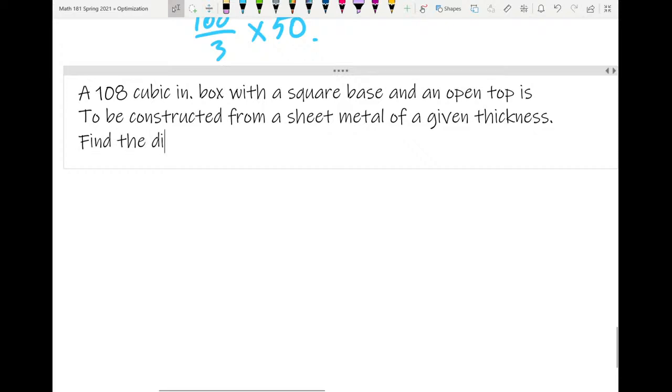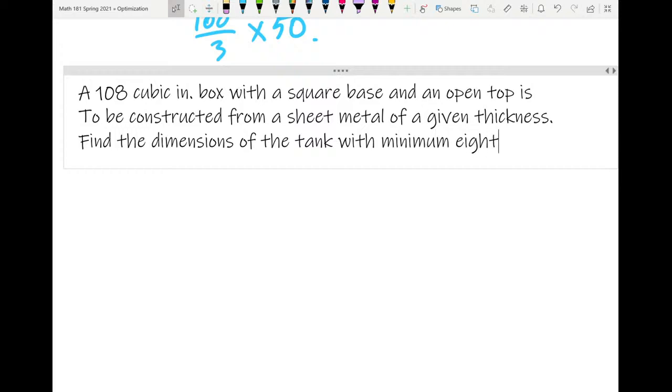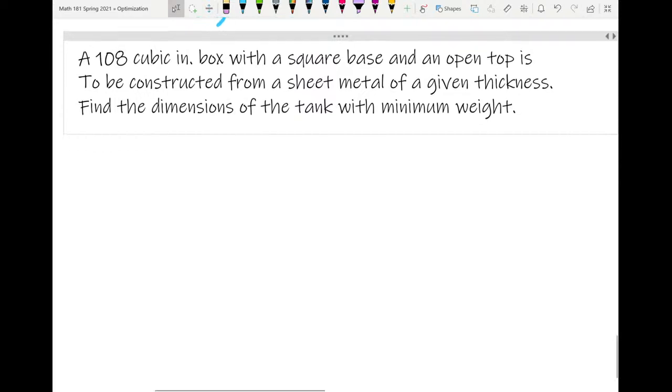Find the dimensions of the tank with minimum weight. Minimum weight means you want to use the least material. All right, try that.